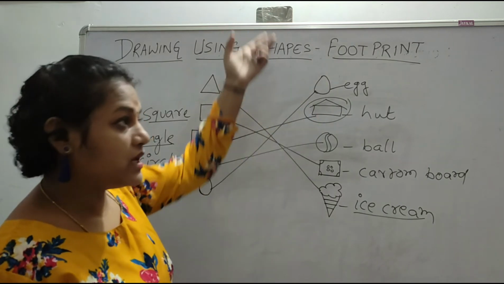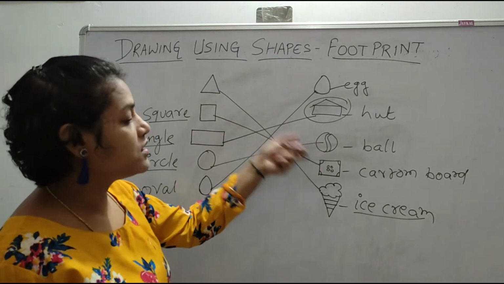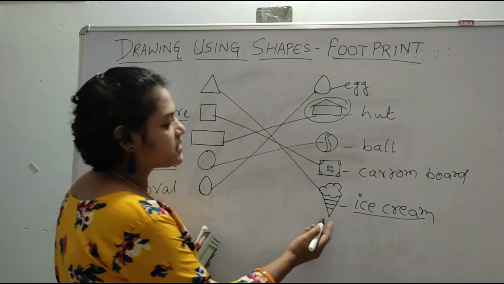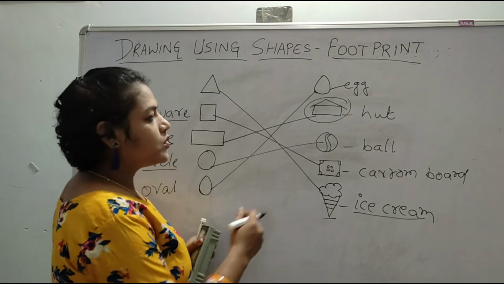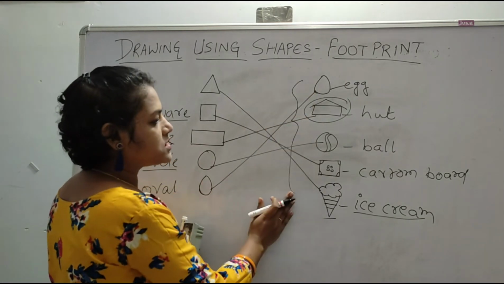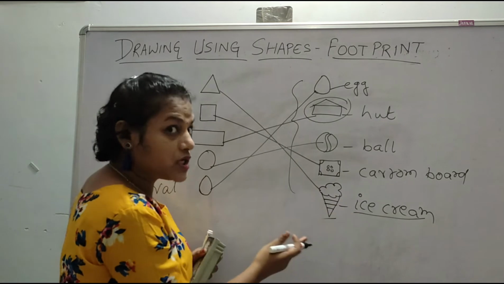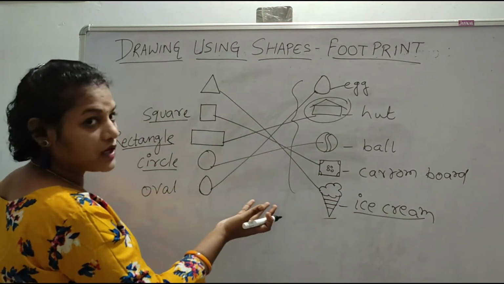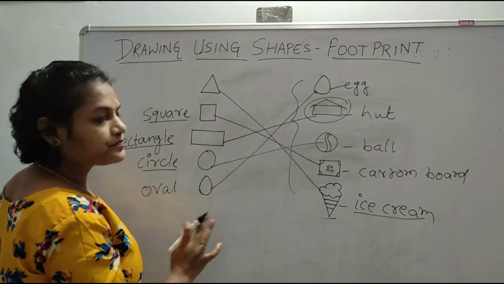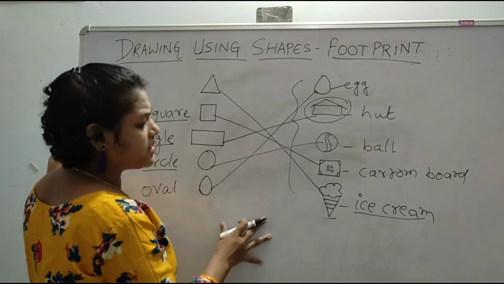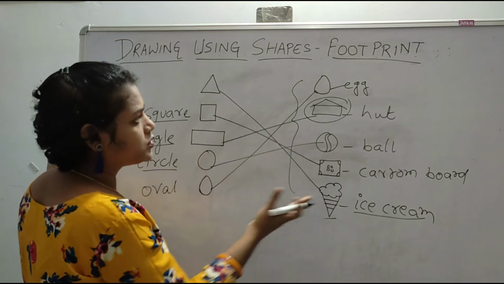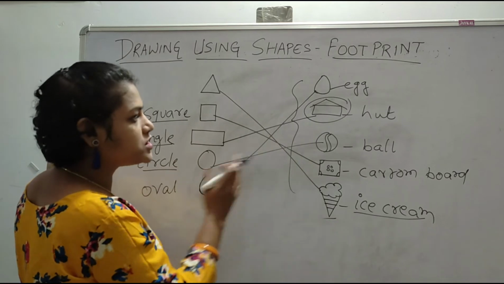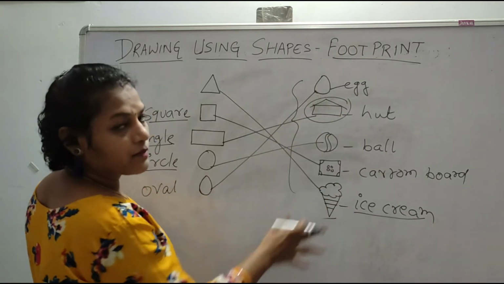Heart, you can show them any example where a heart is there. Ball, they are playing with a ball. Carom board also they are playing, and ice cream, this they eat. So with these examples you can tell them these are the different shapes, and they find an easy way to learn these shapes. So this is a simple example where I told about match the column, meaning you can match the different shapes with these examples.